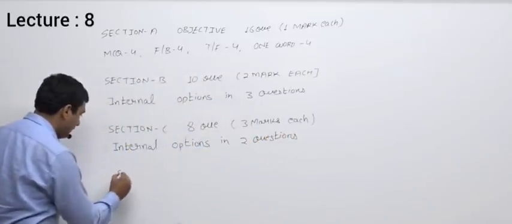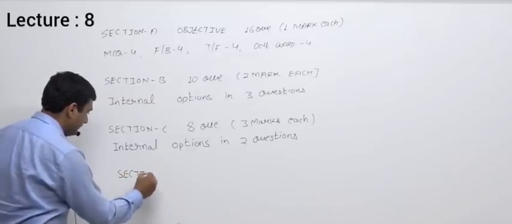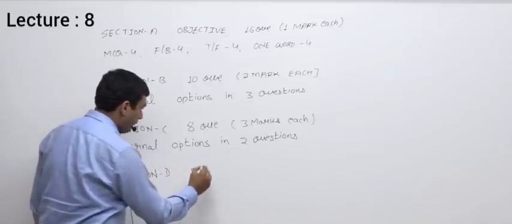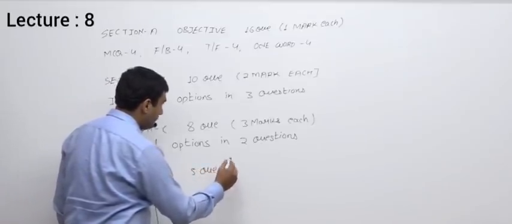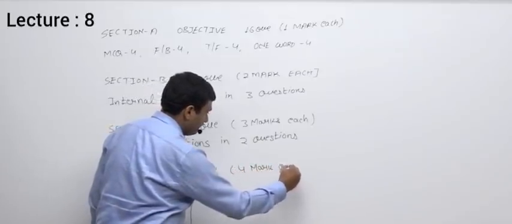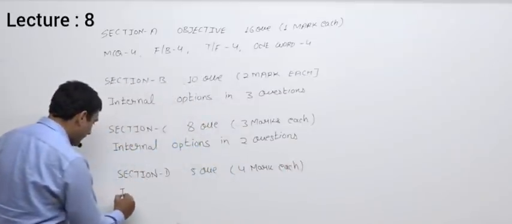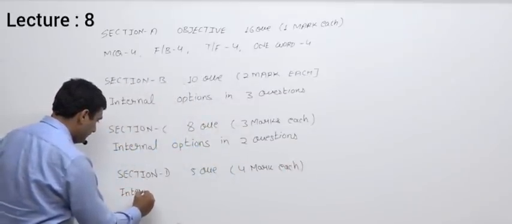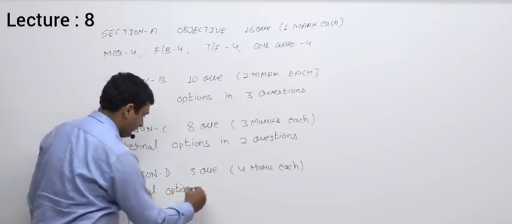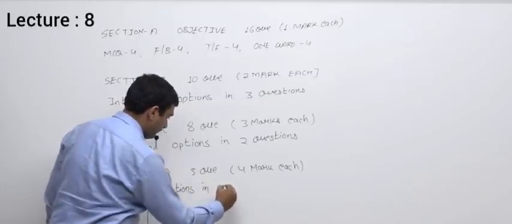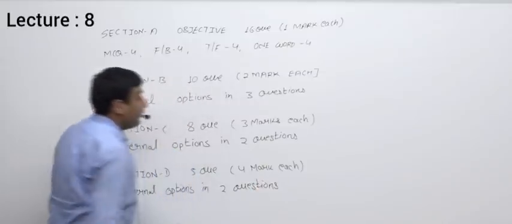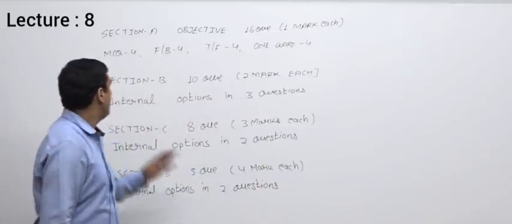Then section D has five questions. Again there is internal option in 2 questions. So this is the paper style.